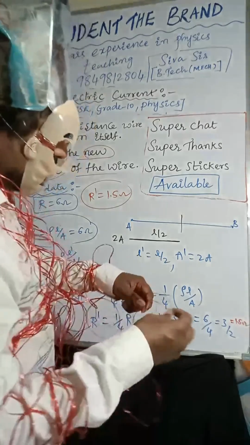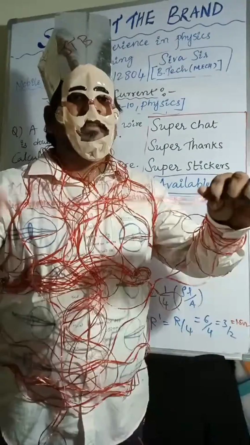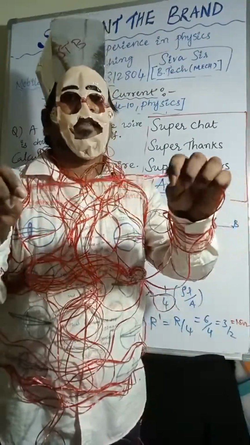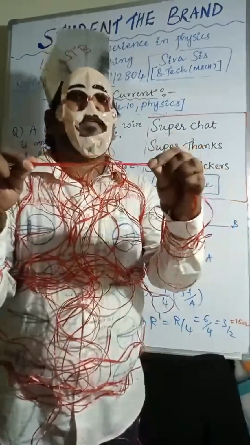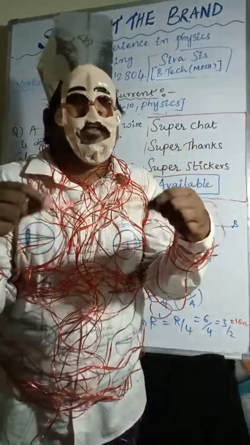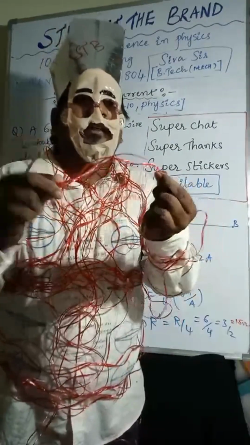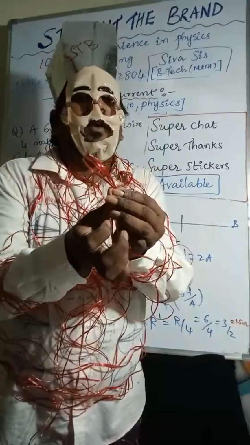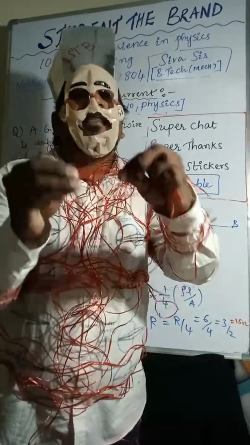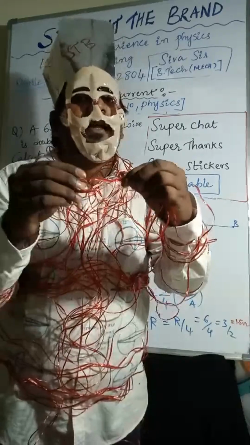Suppose I am considering this as the length of the wire. If it is doubled on itself, I am folding it like this. So the length becomes half and the area of cross section is doubled.